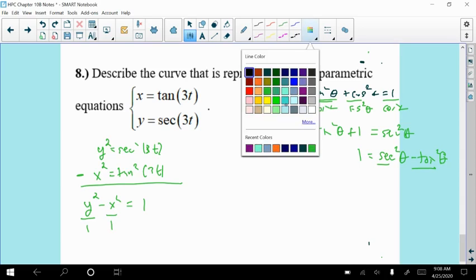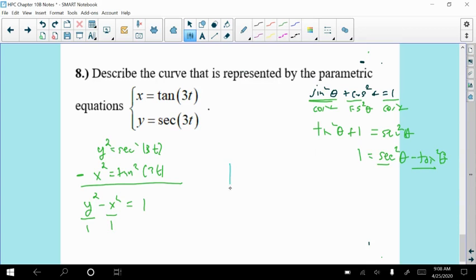And I won't be as particular in this chapter about graphing these, but you should have an idea or recall a few things that look familiar. Like if I go at the square root of 1, which is 1 in the y direction, and I go at the square root of 1 in the x direction, I make my little box, and remember that's going to determine the slope of our asymptotes.